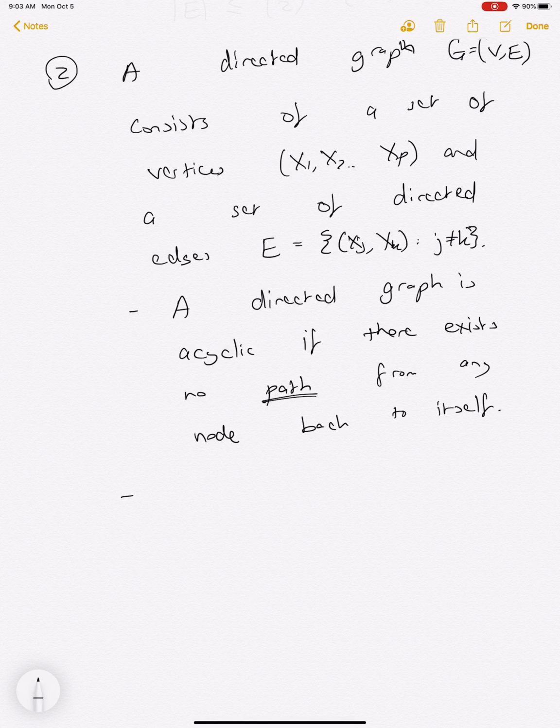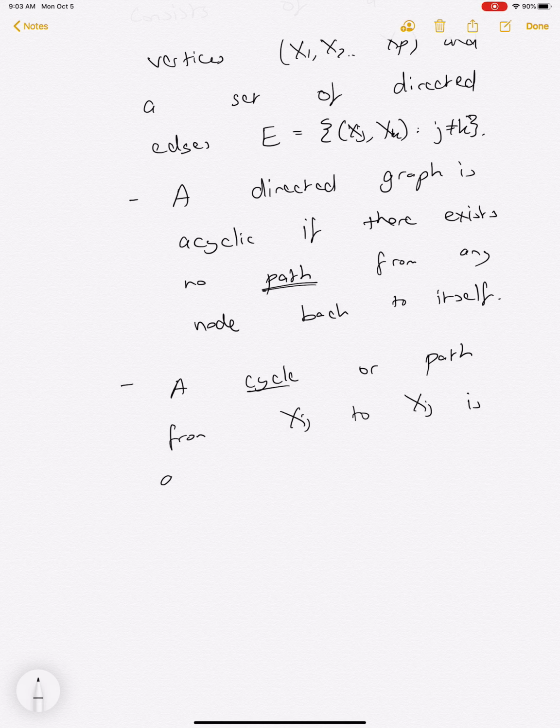So a cycle, or path from xj to xj, is a set of directed edges: xj, xk, xk, xl, and then we go all the way up to say n, xj.